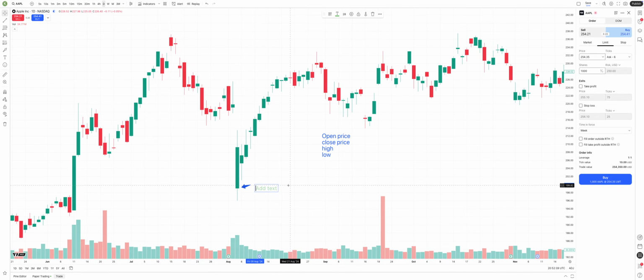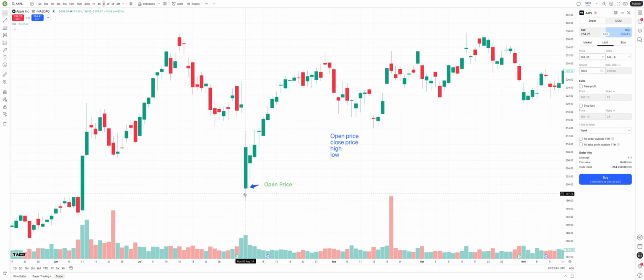So here is the open price of a green candlestick. All candlesticks that are green open at the bottom of the body. The top of the body is the close price. Every candlestick represents a specific time frame.